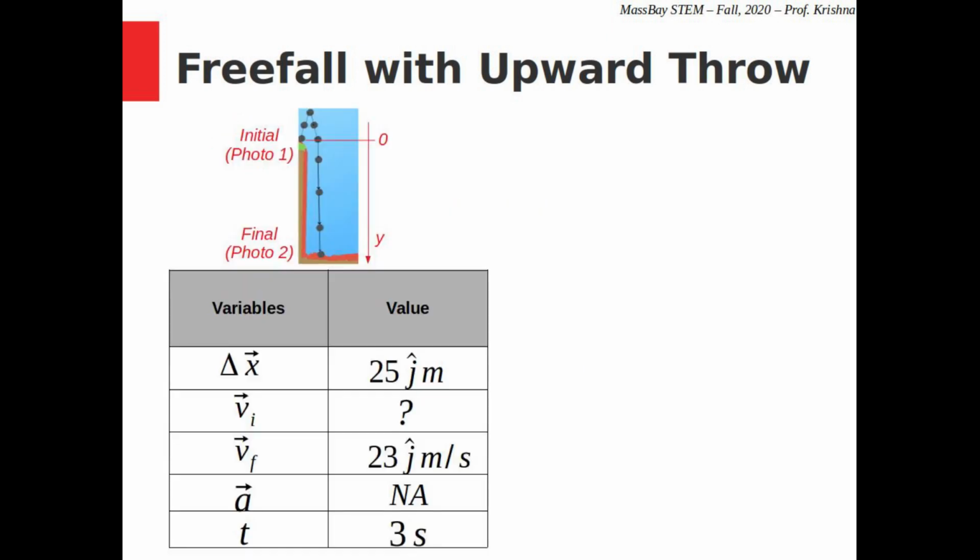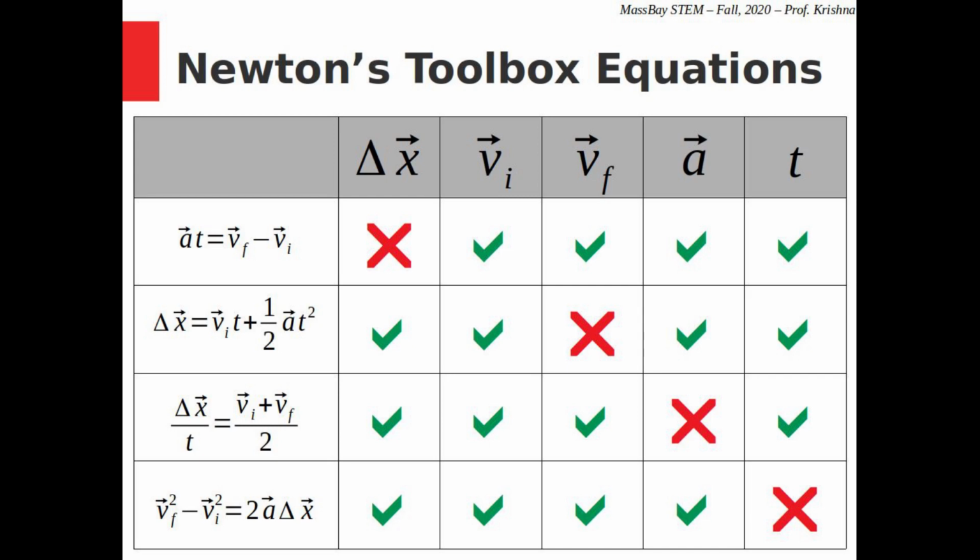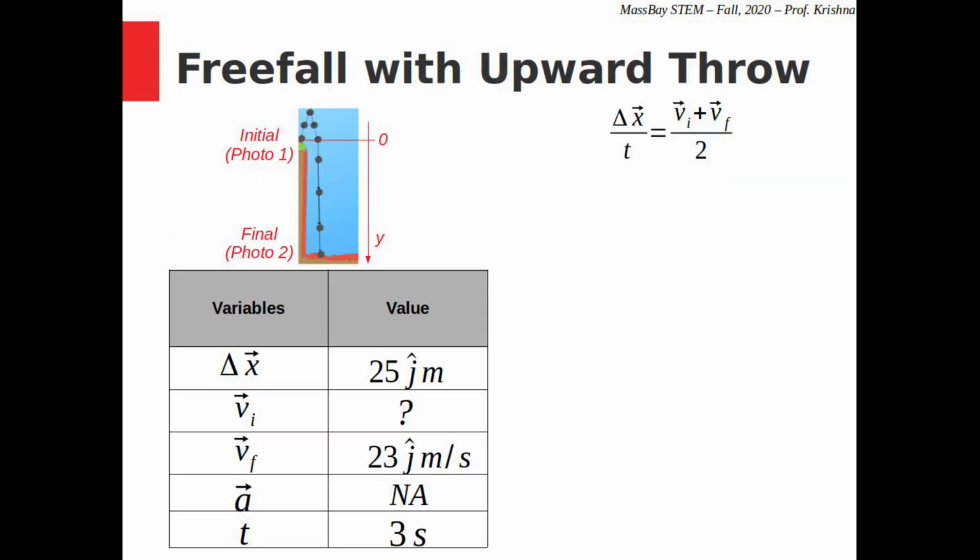Step 6. Find an equation that weaves the unknown initial velocity to the known displacement, final velocity, and time. That's toolbox equation 3. Step 7. Solve. Substitute the known information. We get 25 over 3 equals Vi plus 23 all over 2. 25 divided by 3 is 8.33.